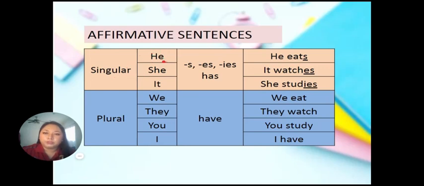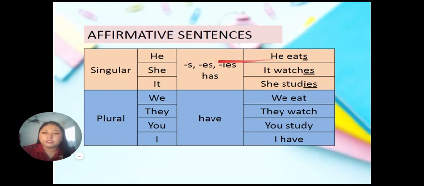So here the pronouns are he, she and it. So when we combine these pronouns with verbs, okay, these are verbs: eat, watch, study, kata kerja. Okay, when we combine it, it will change the spelling.